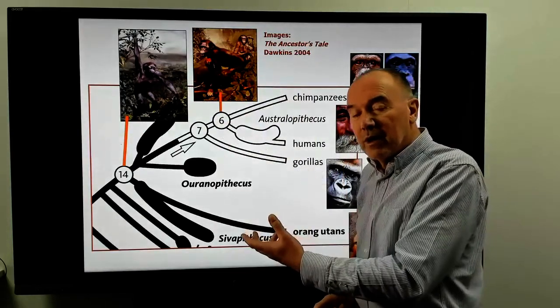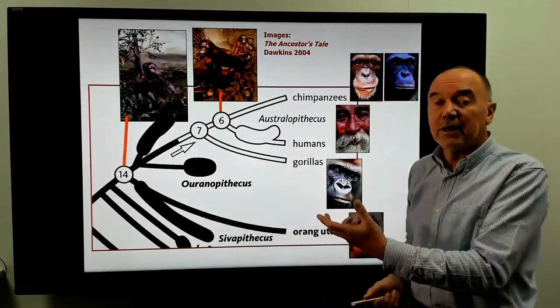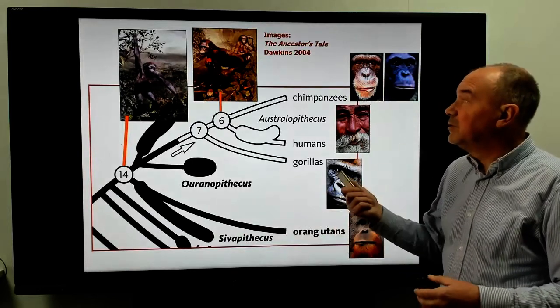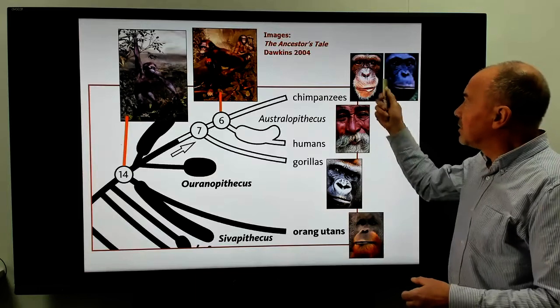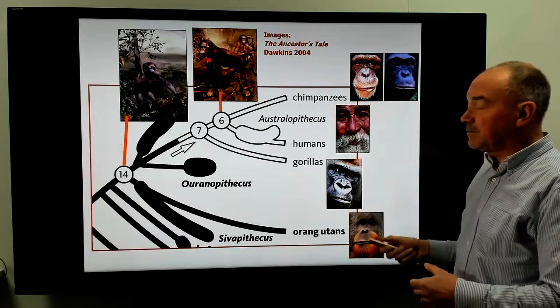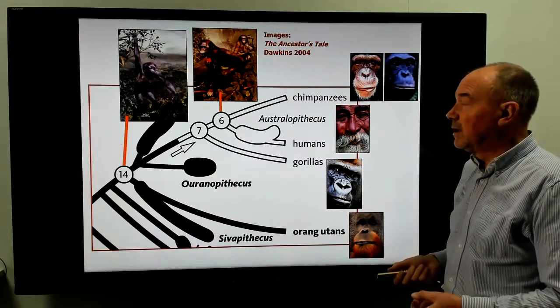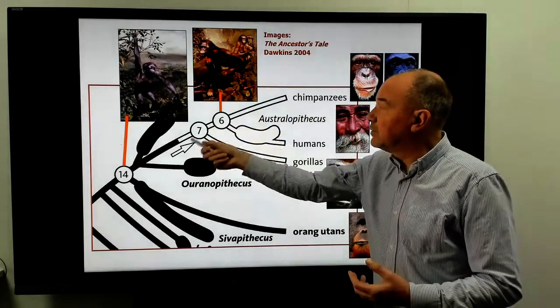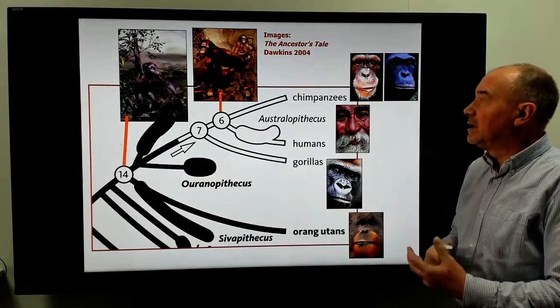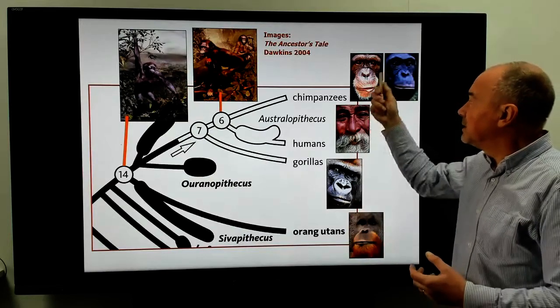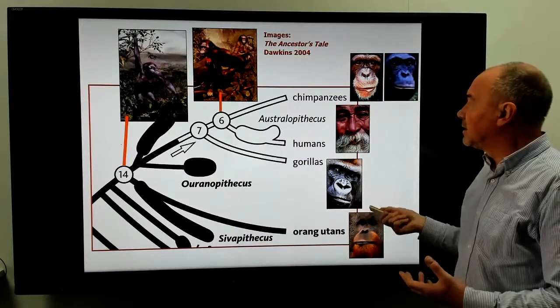And our project here in the cultural realm is to do the same kind of analysis. That's to say, to ask what all these species share in their cultural phenomena, and then attribute those to ancestral forms, which then really, in a kind of circular way, explains why our cultures are like they are.